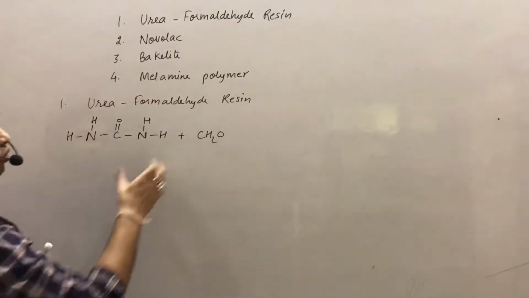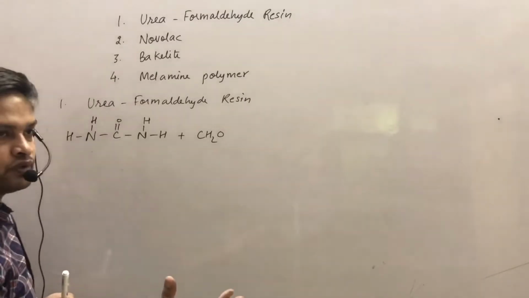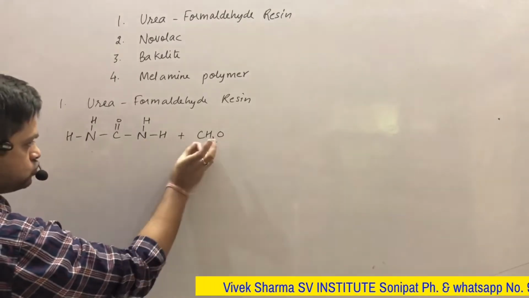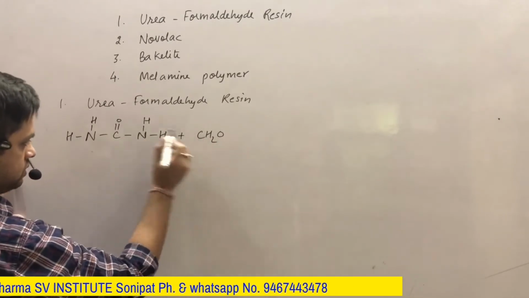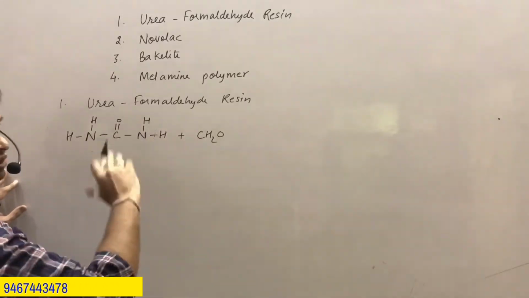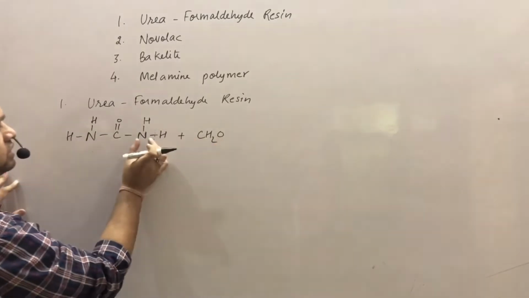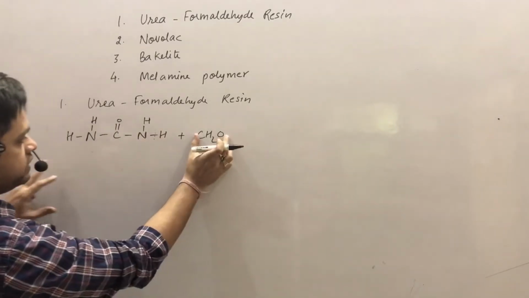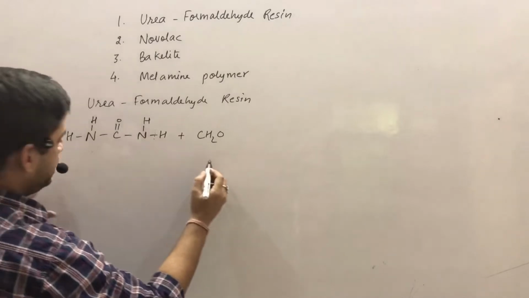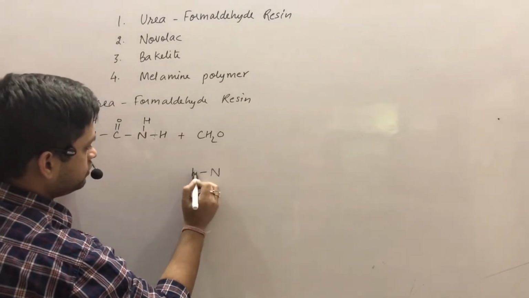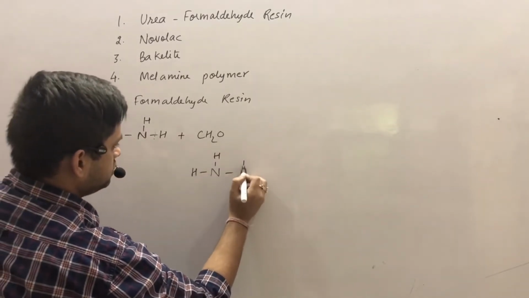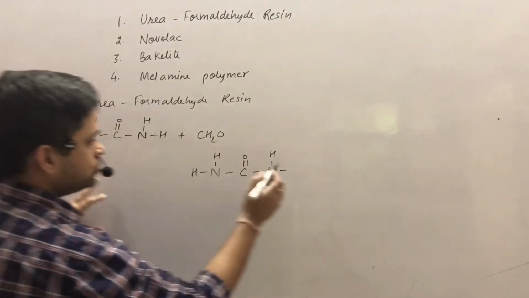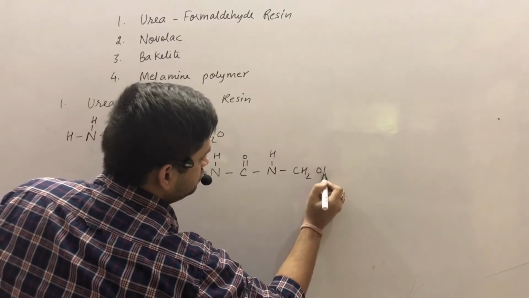These two monomers combine to form a unit which on repetition forms the polymer. So when these two combine, let's recall the property. This formaldehyde will adjust itself between a heteroatom and hydrogen. So it will adjust itself here and leads to formation of this unit CO, N, H and CH2O, H.